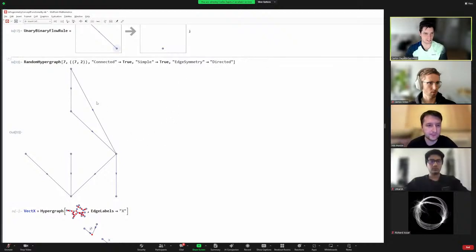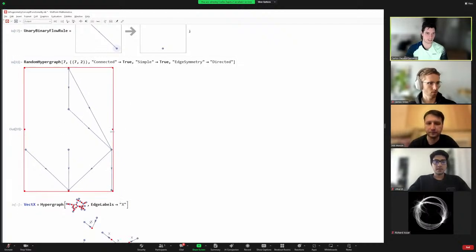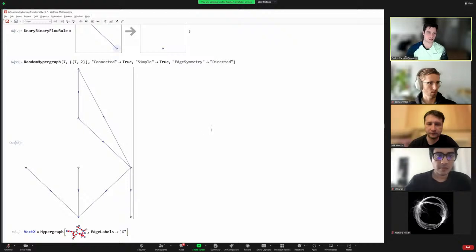It also does this thing with the embedding: when it's pairwise, it just defaults to some tree embedding instead of some electrical spring embedding. But my point is we can take some hypergraph that looks like this as a placeholder for a vector field.